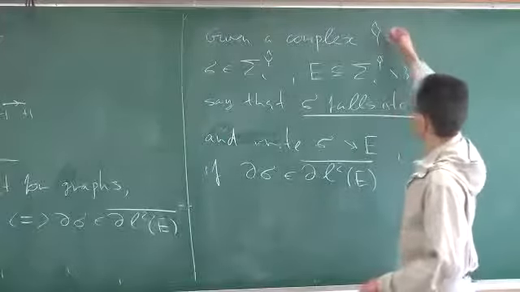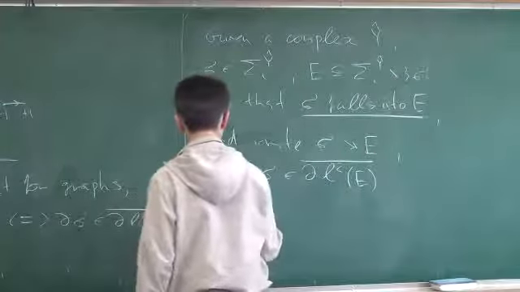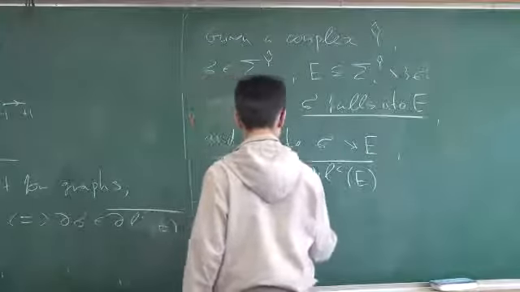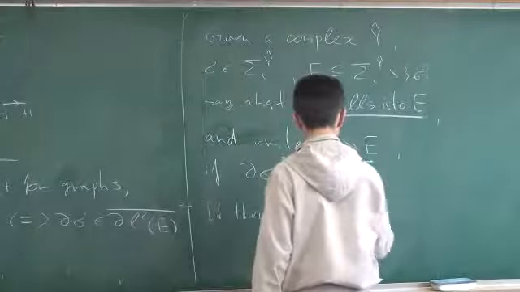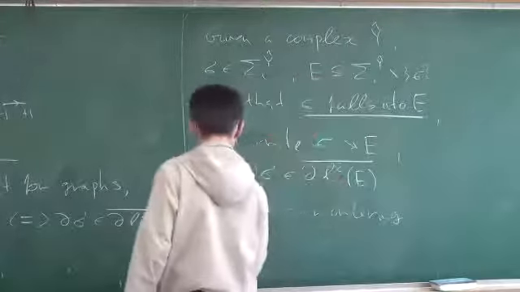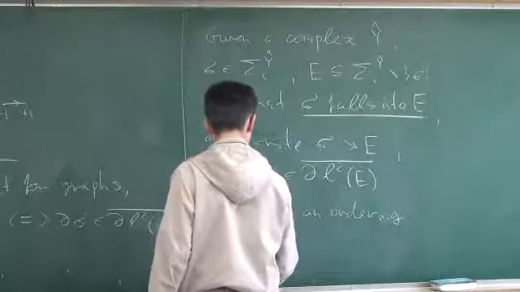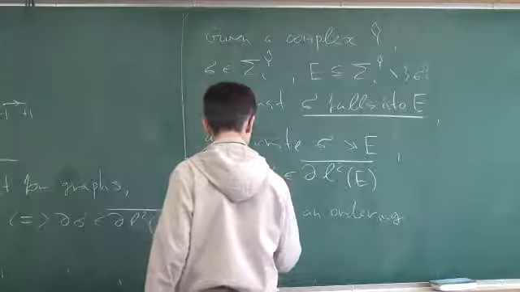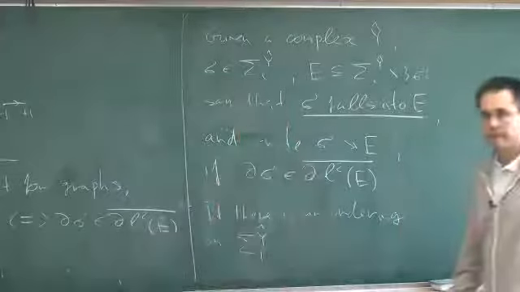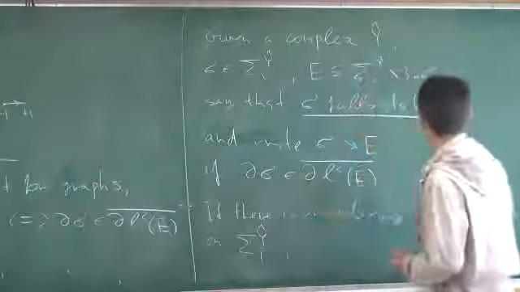Then, additionally, we assume that there is an ordering on the set of I-dimensional simplices, I-dimensional cells of y hat. We can define what it means for sigma to be order essential.